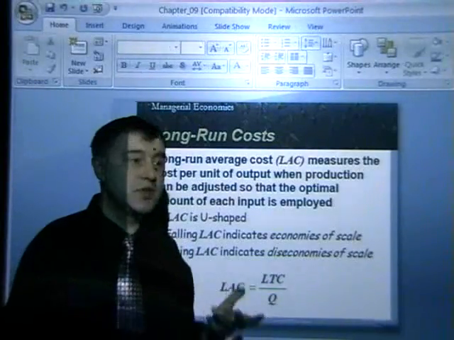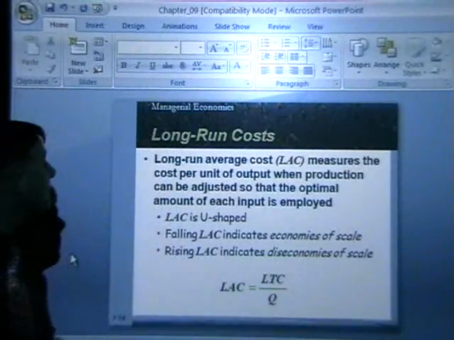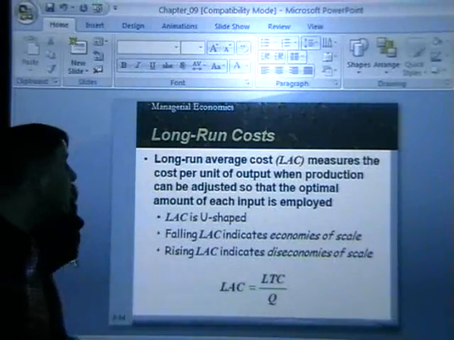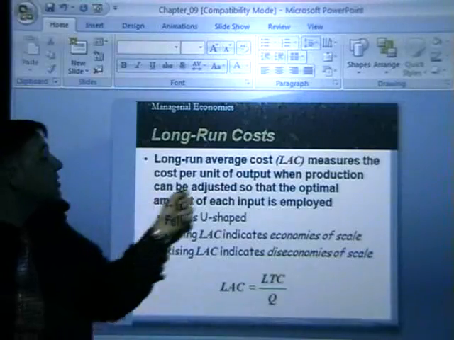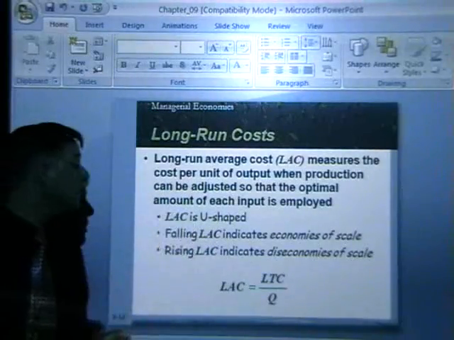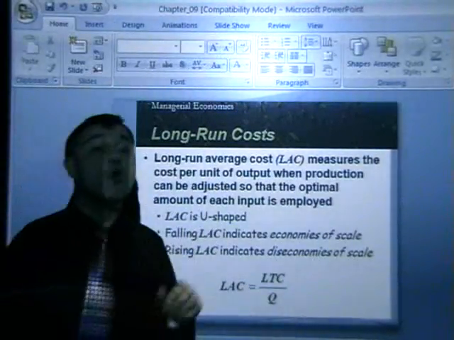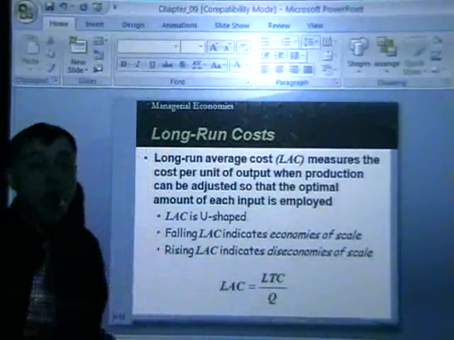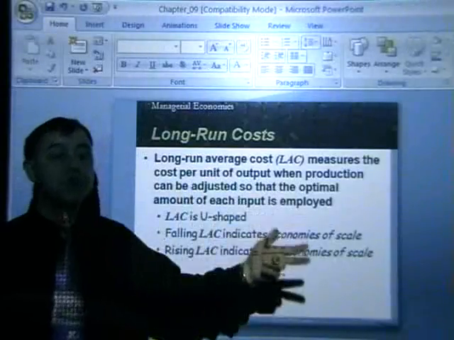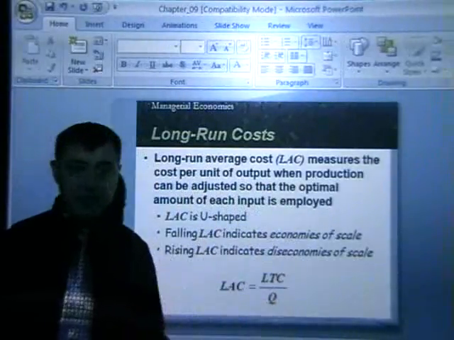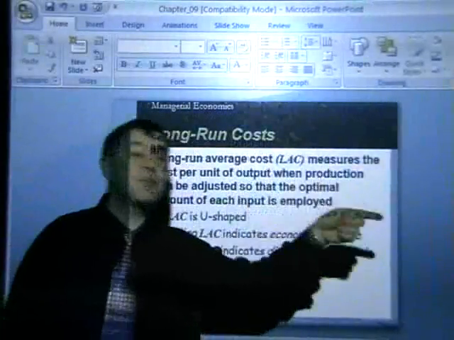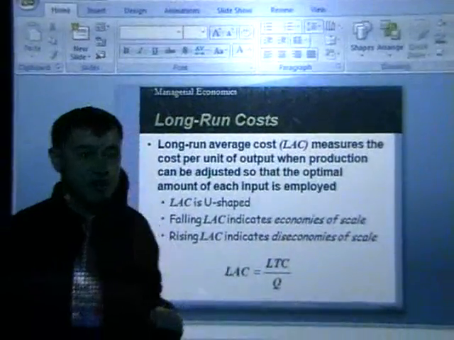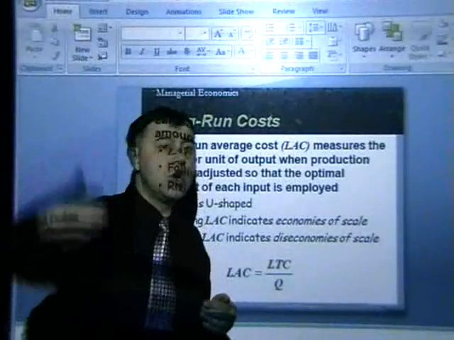So, long-run average cost measures the cost per unit of output when production can be adjusted to the optimal amount. In other words, it is the cost when you produce at optimality, when both labor and capital are at their optimal quantities. That's, of course, in the long run.